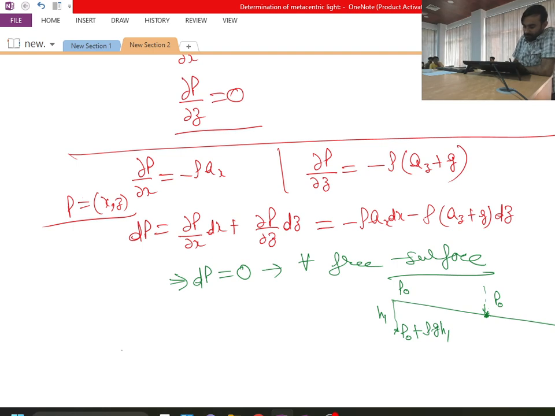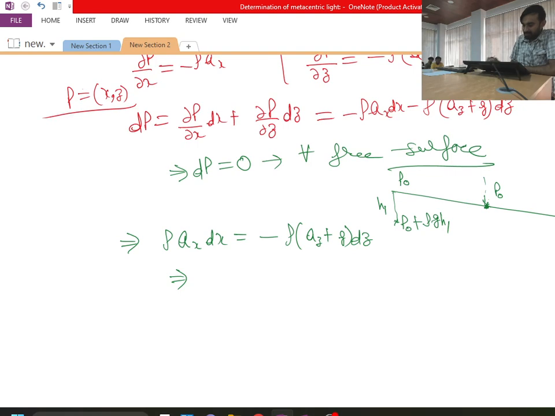So if dP is 0, then for free surface I can say that rho ax into dx equal to minus of rho az plus g into dz, and from here rho will be cancelling out. I can say that dz by dx for free surface is nothing but equal to minus of ax by az plus g.